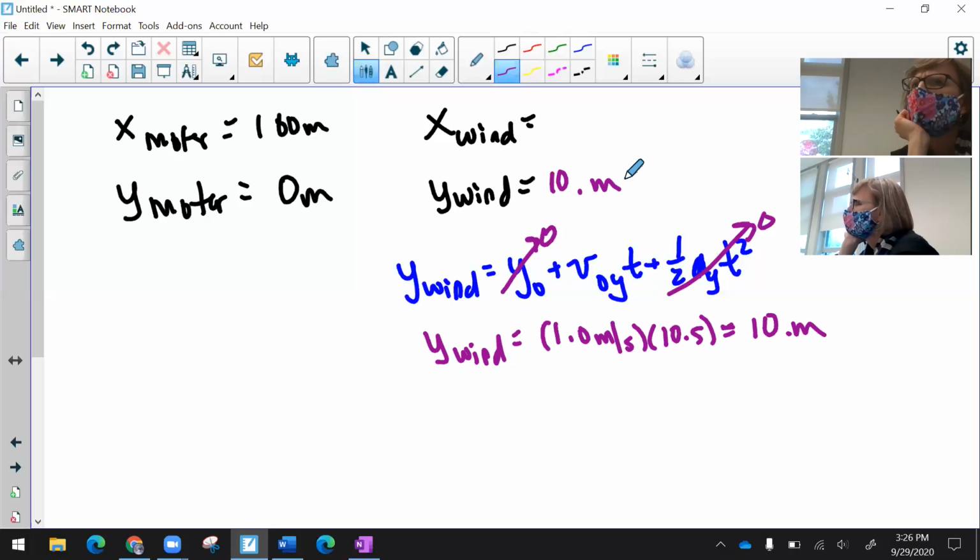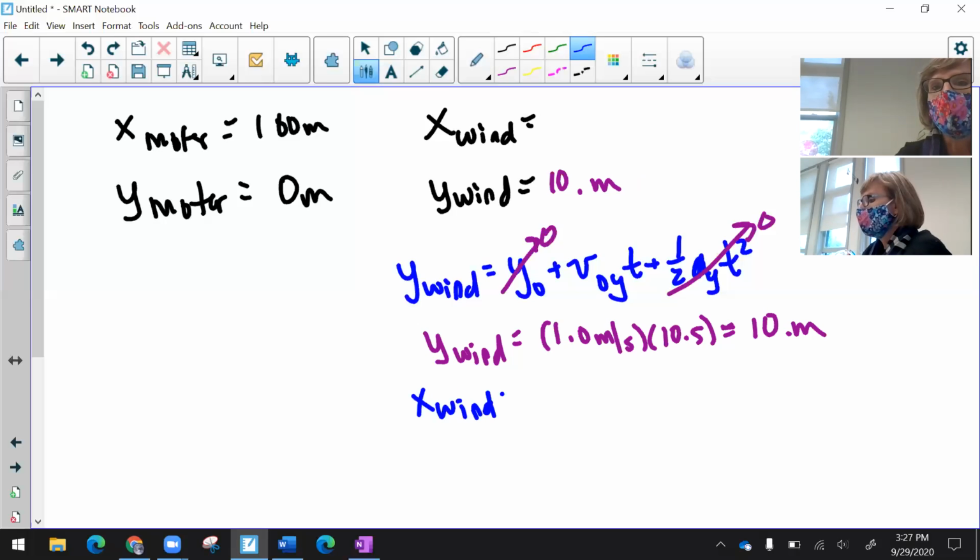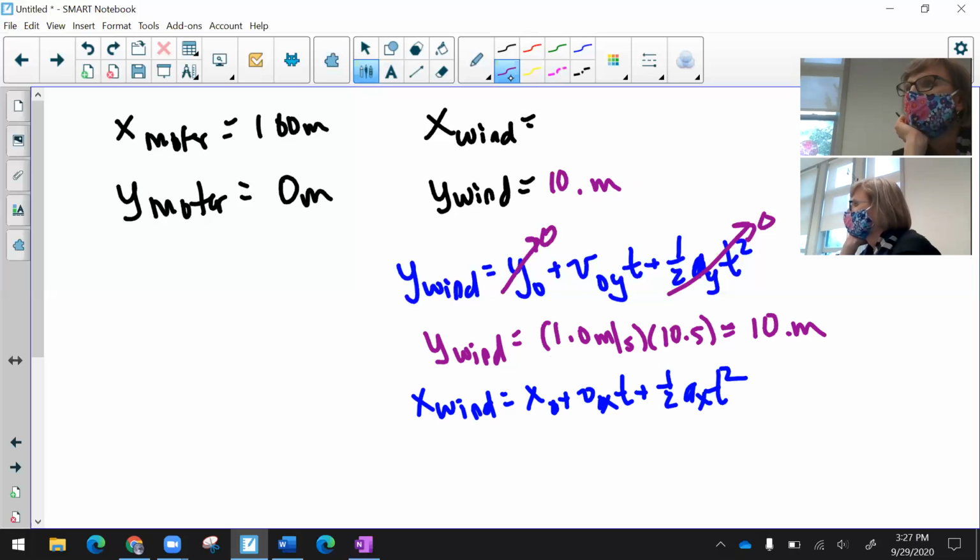Say that again. Yes, yes, yes. Okay. And then I can use the same formula to find X wind. X0 plus V0x t plus 1/2 ax t squared. Remember again, though, that I'm not really starting from anywhere. I'm just kind of looking for the difference, and the wind is not accelerating.